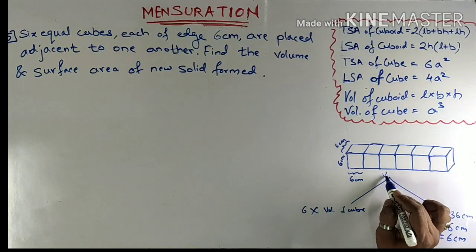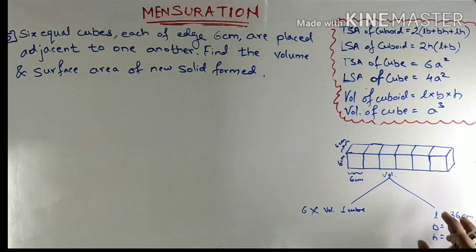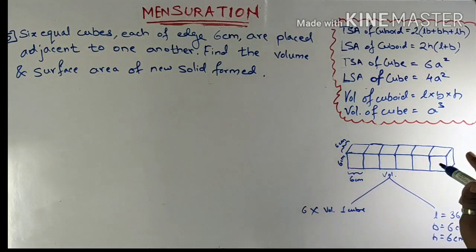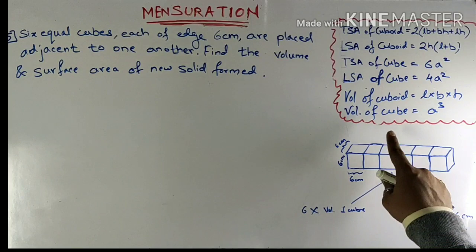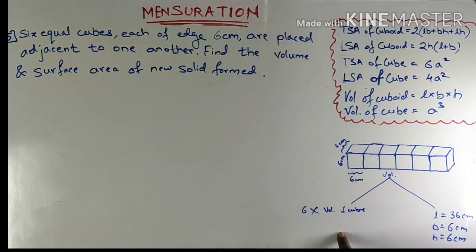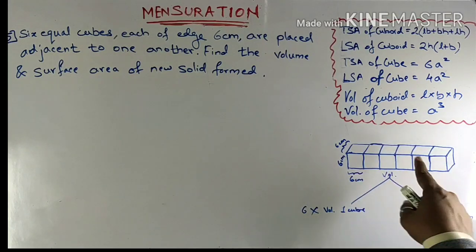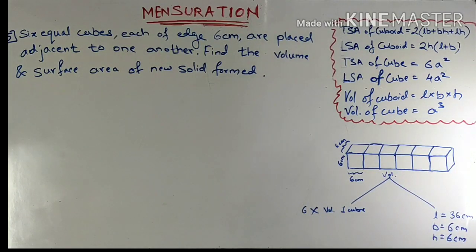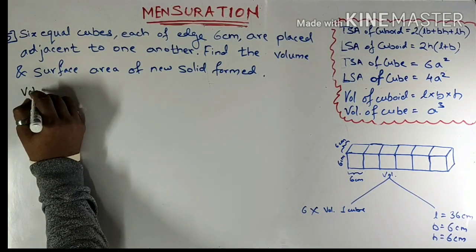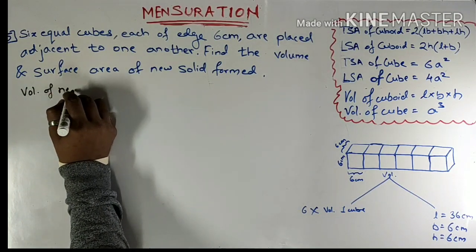So to find the volume, we have two methods. Consider this as a cuboid and directly find it with its new dimension of length, as the cubes are arranged one after the other. So length, breadth, height, multiply and get the volume. Whereas in the other method, you will find the volume of one cube and multiply it by 6 because it is 6 cubes. So let's begin with the solution. Volume of the new solid formed.